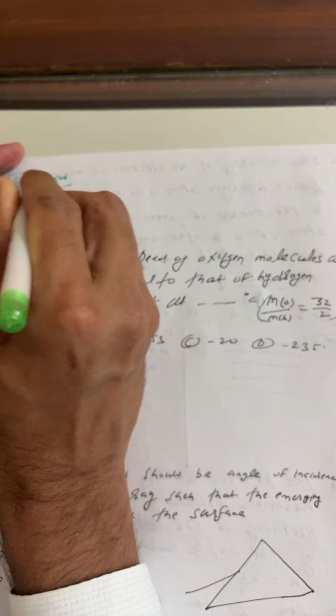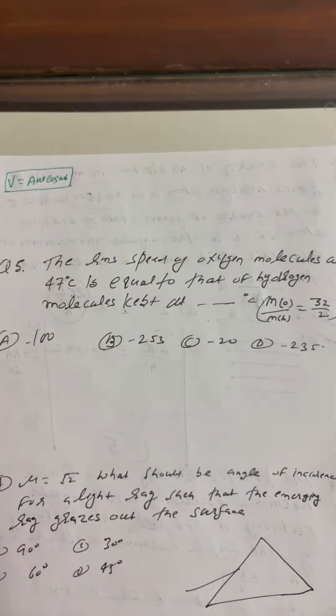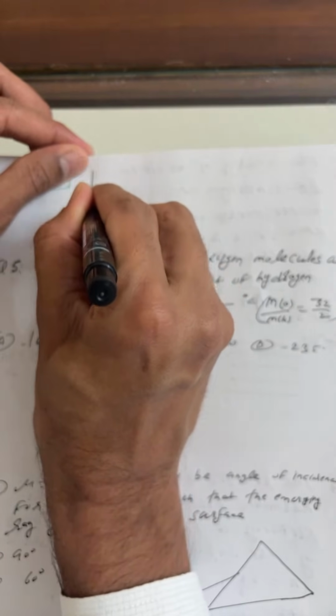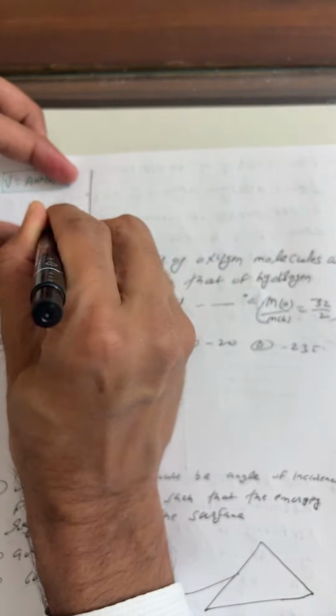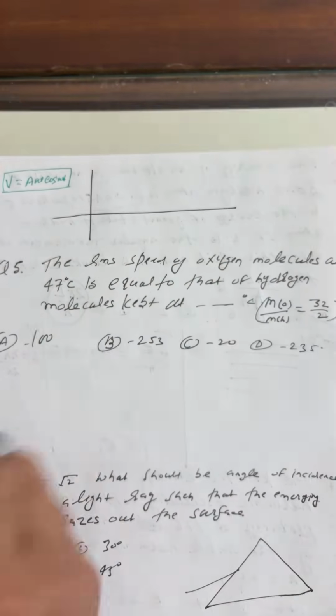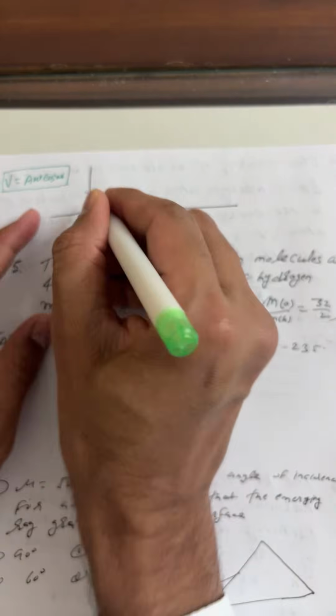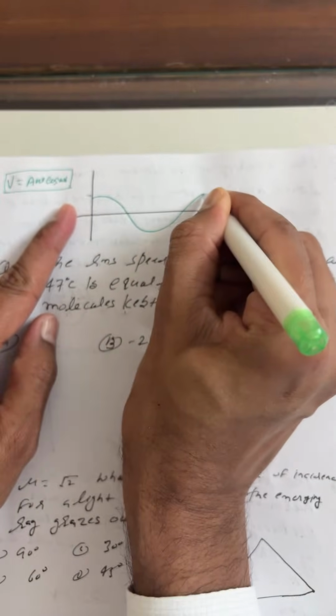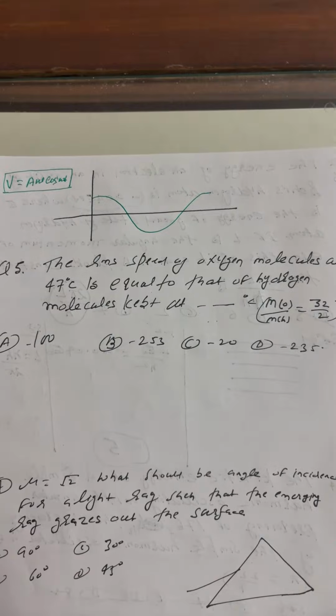This is the VT relation. I hope all of you remember the VT graph as well. So here I'll write, this is the VT graph. The cos graph always starts with +1. So you can see here, the graph is like this for one complete cycle.